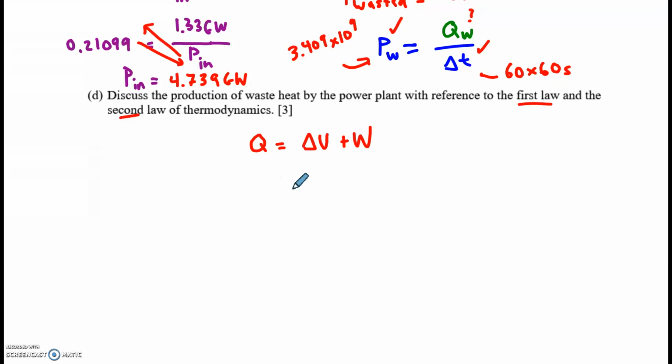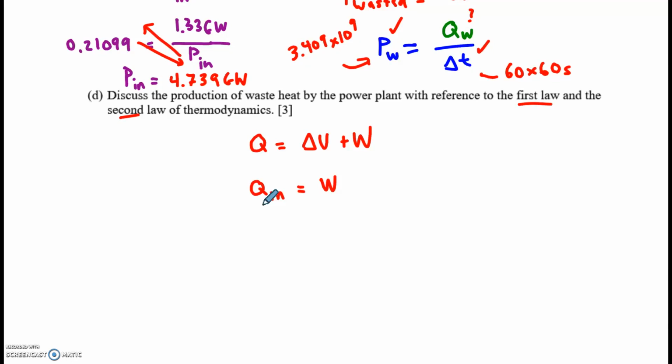The second law, when we're talking about heat engines, states that the input work, I'm sorry, the input heat, what am I saying?